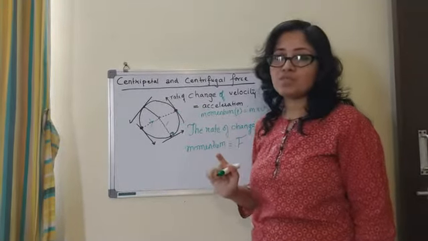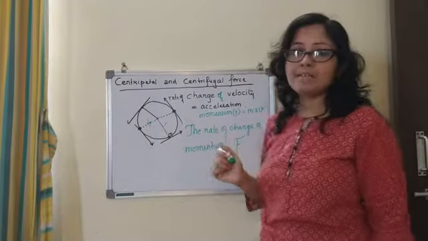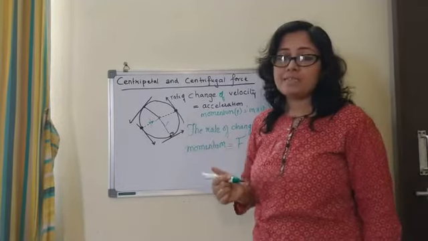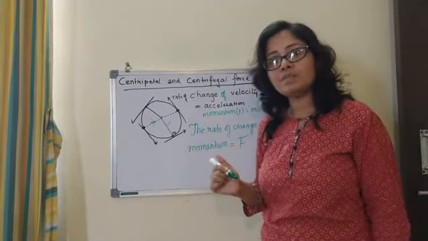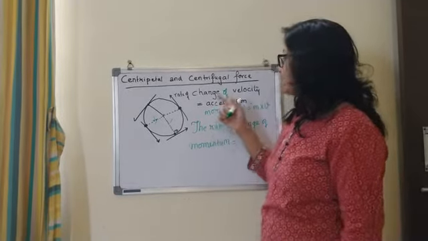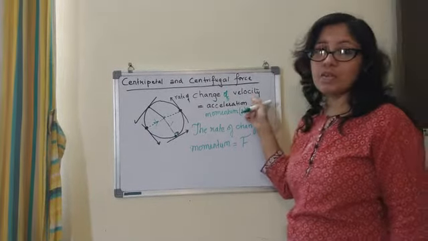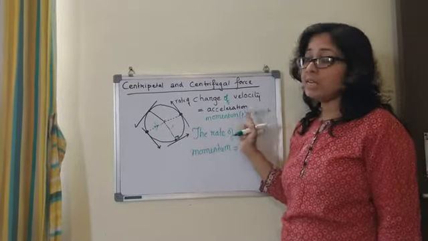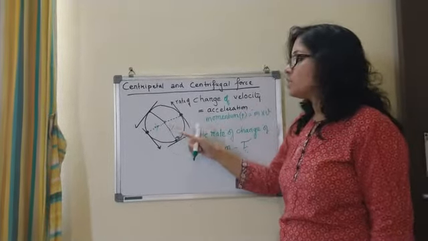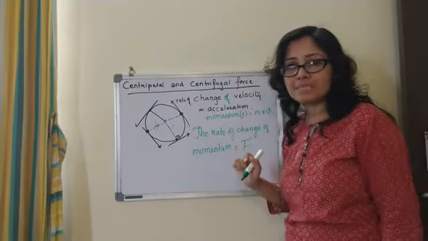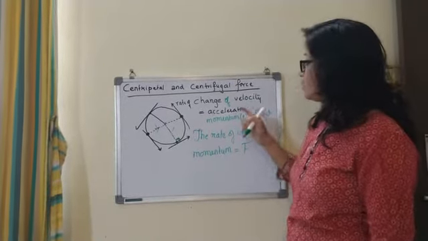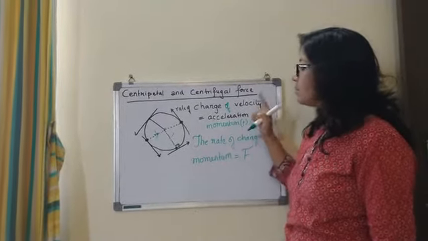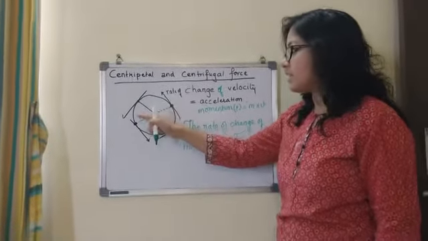As a result of which, we know that velocity depends upon magnitude and direction. So here there is a change of velocity. We cannot say it is moving in uniform velocity, even though the body is moving in uniform speed. Okay, so there is a change of velocity because of the change of direction.